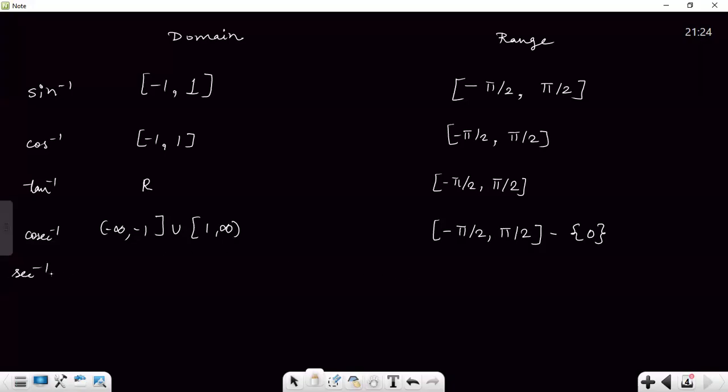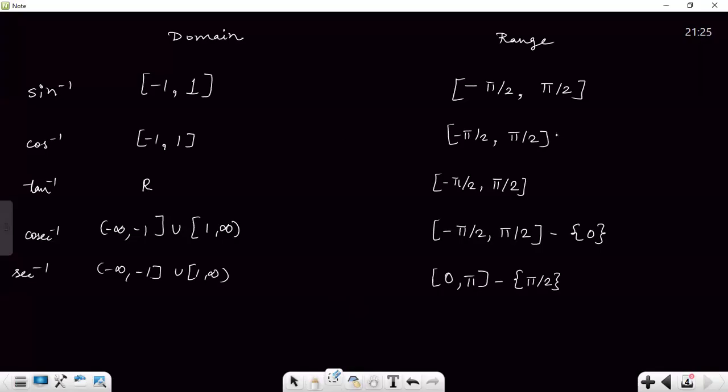For sec inverse, it is the same except the range. The domain is the same. In the range, it is from 0 to pi, excluding the pi/2 angle. Why pi/2? Because sec of pi/2 is what? Not defined. That's why its range is not defined in this manner.